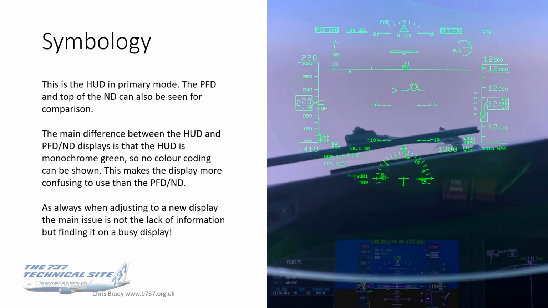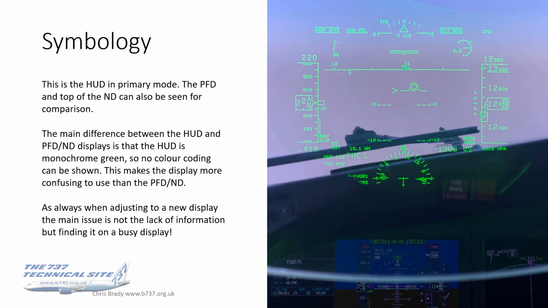The main difference between the HUD and the PFD ND displays is that the HUD's monochrome green, as previously mentioned, because that's the only way the combiner can work. So that means for us that no color coding can be shown, and I think this photo here really shows that in stark contrast, the myriad of colors on the PFD versus monochrome green on the head-up display. So it does make the display a bit more confusing because there's no possible use of color.